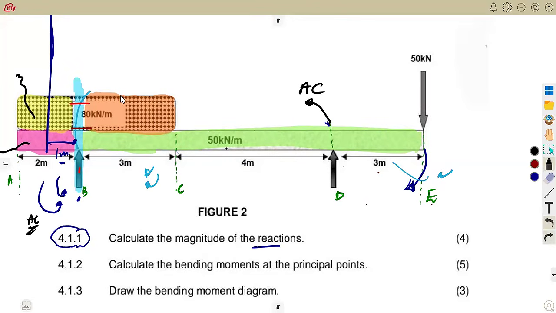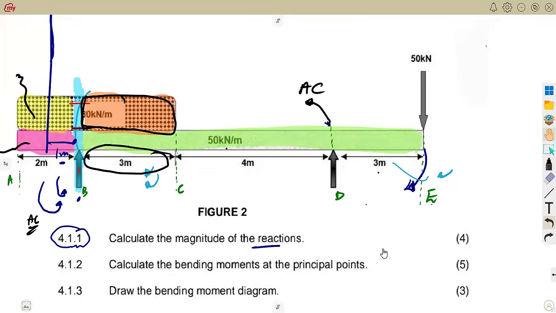We also have the 80. It is on the right side of B. But it is a section of it. It's a piece of it, not all of it, because there was another section which was on the left side of B. We are concentrating with the section on the right side of B. This 80 kilonewton, how many meters does it cover? It is covering 3 meters.